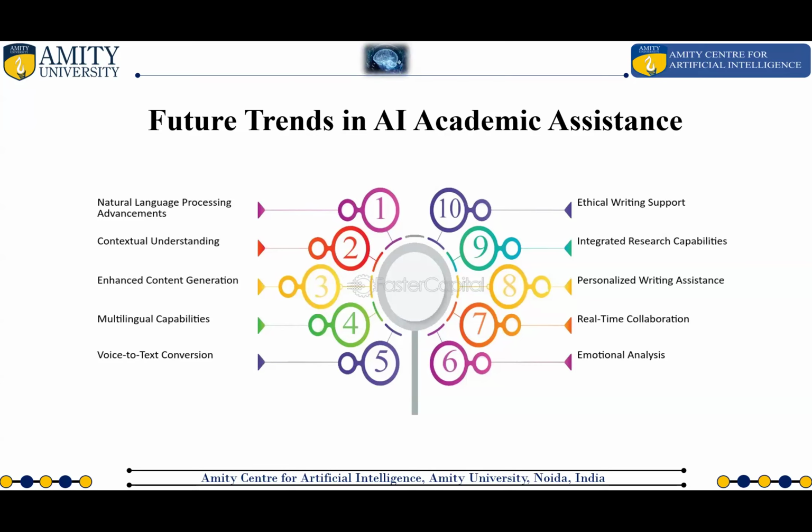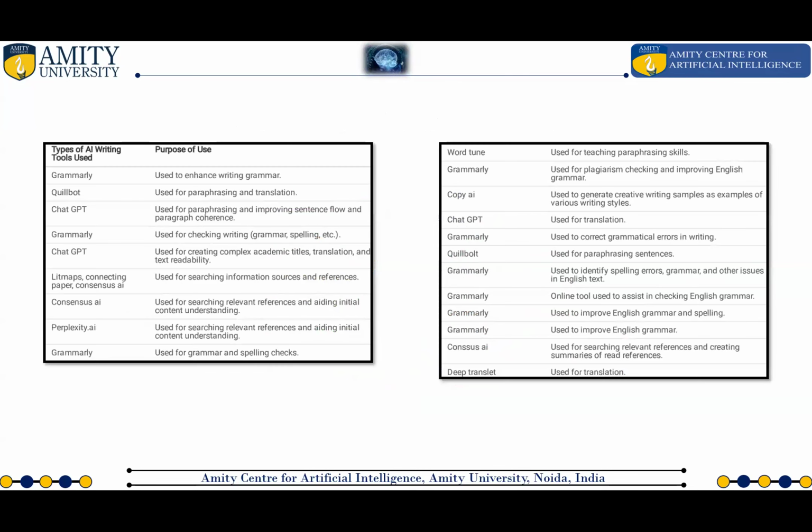So in future we can have ethical writing support from AI as well. Then integrated research capabilities, and our own personalized writing assistants. We can have in future real-time collaboration with AI tools, and then emotional analysis. And these are the various types of tools and the purpose of their use. We already have discussed these: Grammarly, ChatGPT, Quillbot.